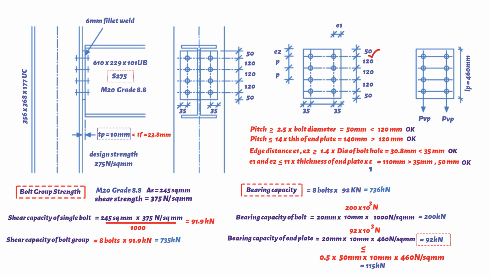Next, checking the end plate shear strength. Bear in mind, shear area equals 0.9 times the net cross-section area of the plate, which is 10 mm times open bracket, length of the plate 460 mm, minus the number of the bolts 4, times the diameter of the bolt holes 22 mm, close bracket. This gives us a value of 3,348 square millimeters.